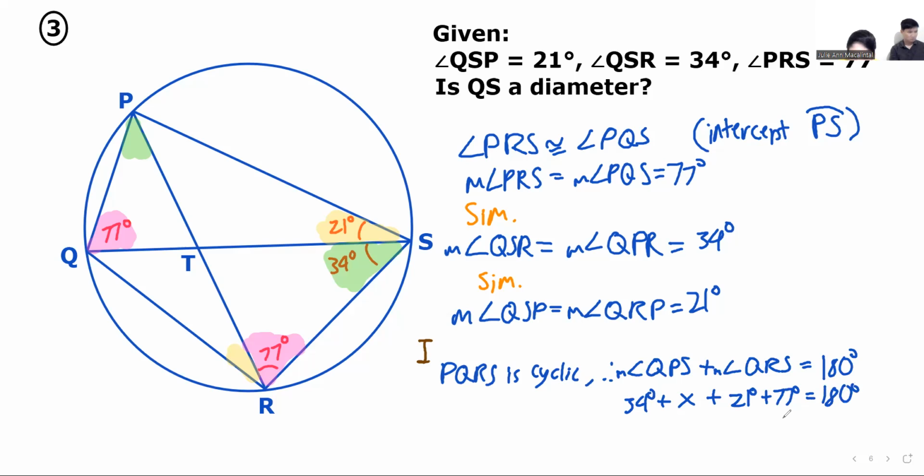What's 180 minus 77 minus 34? 180 minus 77 is 103.